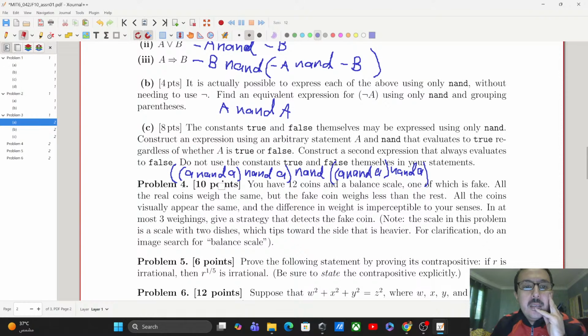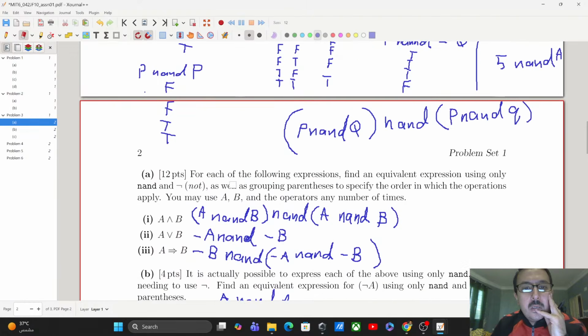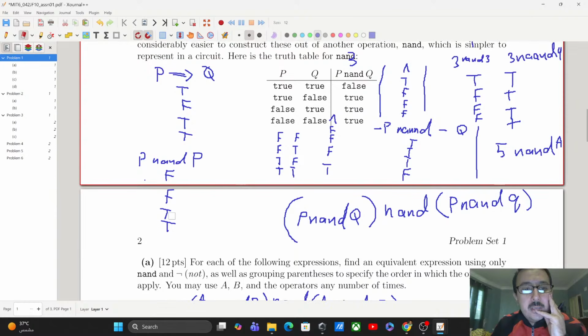NAND A NAND A, which is this one, is gonna give me always true, no matter, yes, it's gonna give me always true, because true, false, true, false, true. So it's gonna give me always.